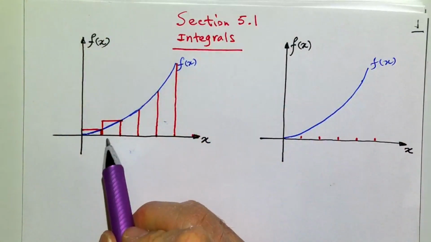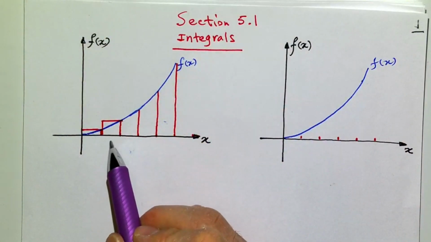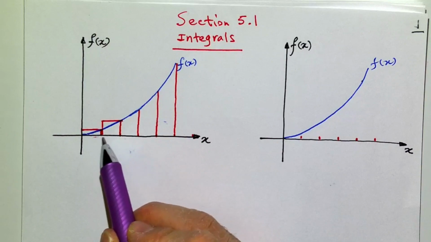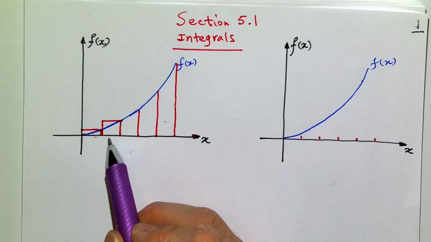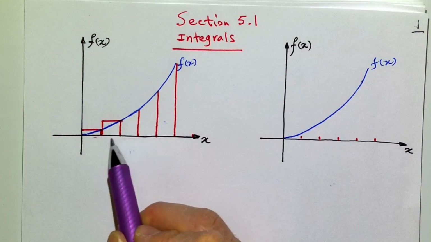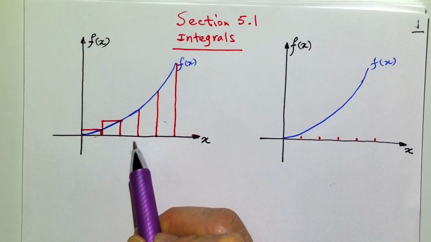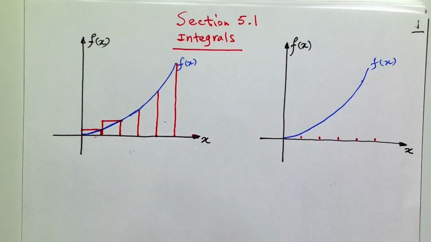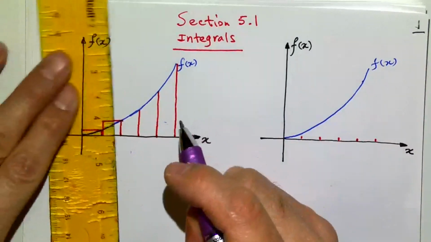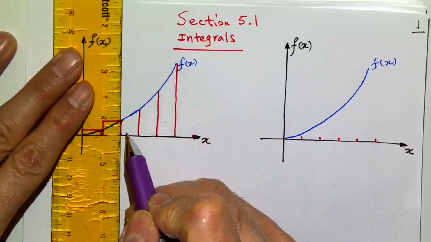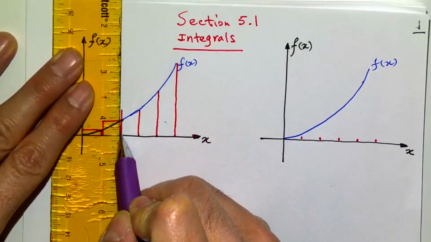Even though I can't make them have exactly equal width manually, each of these rectangles is meant to have equal width, even if I can't actually produce that on paper.